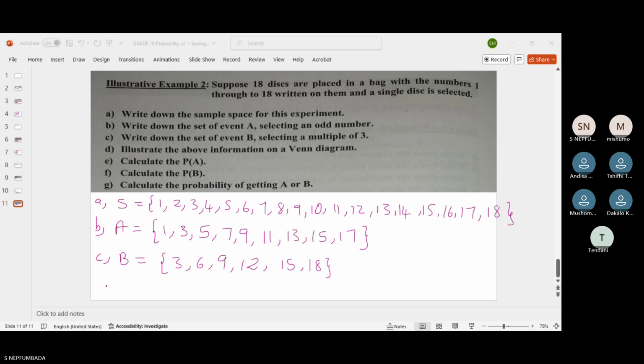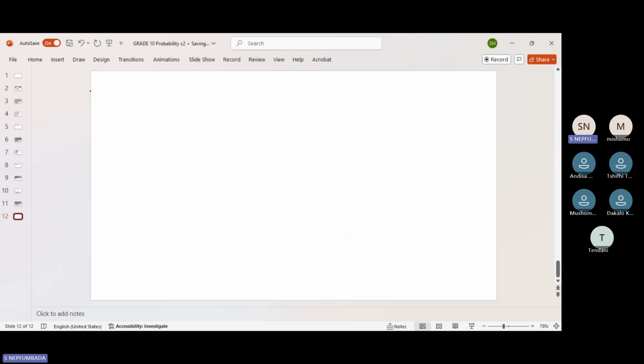So they say illustrate the information in a Venn diagram. Can we go to the next slide? Yes, sir. Okay, so we're going to illustrate that information on a Venn diagram.